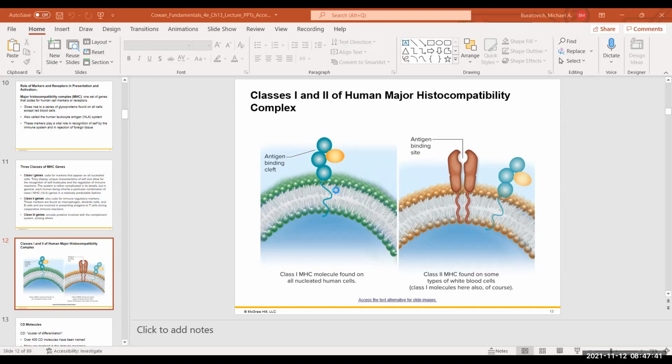Clonal selection essentially guarantees that only those specific cells that respond to this particular antigen are the ones that are activated and that expand and divide, that you get more of. That's clonal selection.